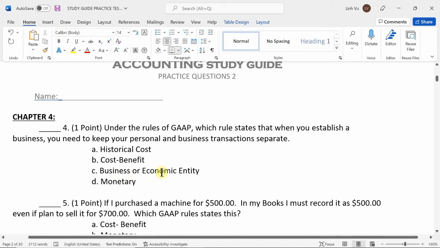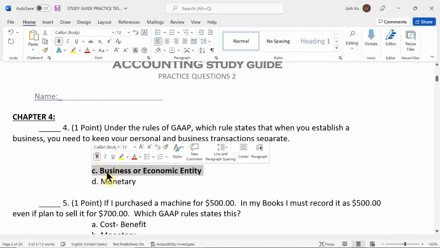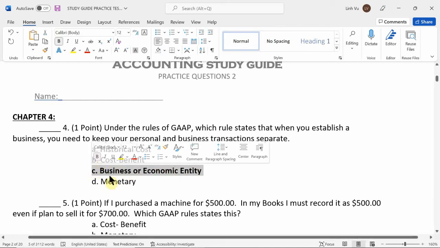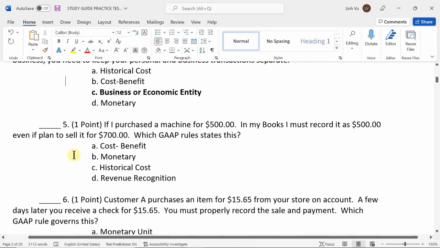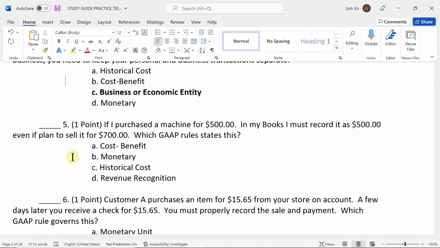C, business or economic entity. Yes, this is the exact definition, right? Keeping your personal and your business transactions separate from each other. Number 5, okay? If I decide to purchase a machine for $500, in my books it must be recorded as $500, even if I plan on selling it for $700.